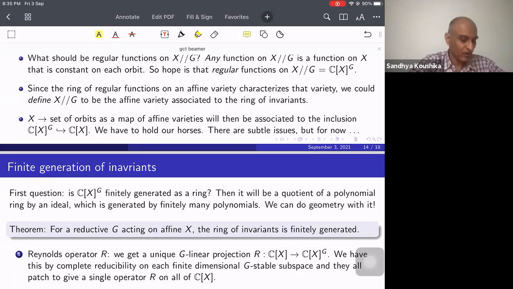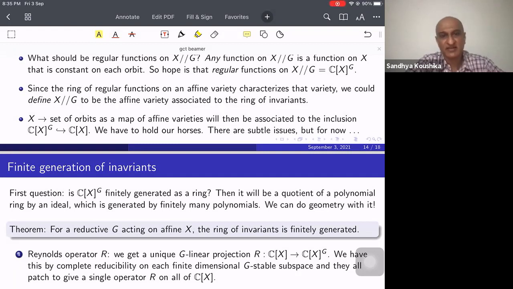All of these finite dimensional pieces are nicely put together. And so if I have a good operator, then I will be able to patch these operators together to get such a projection. But there is one more issue over here. Remember that the decomposition into irreducibles in any completely reducible representation is not unique.